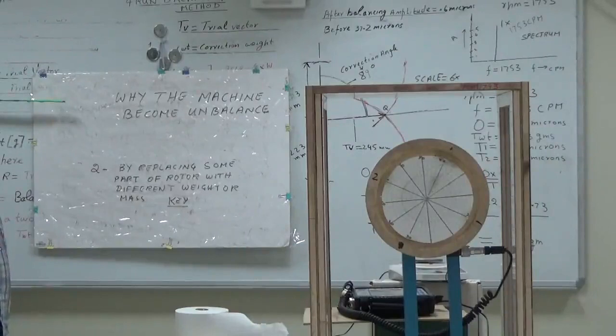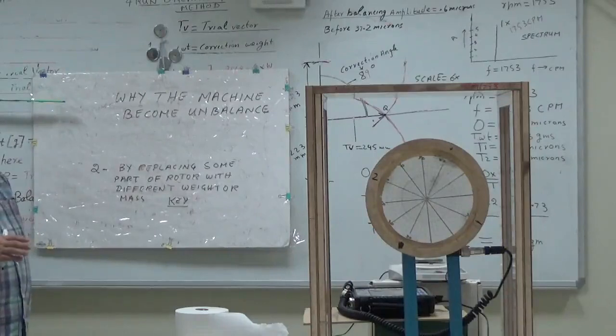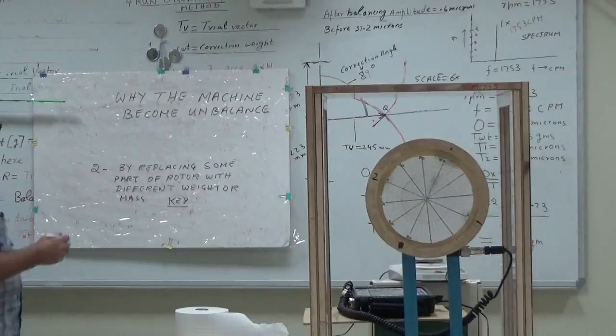For example, the impeller has shifted to one side, or the coupling is not fixed correctly in the center, which means the shaft is not passing exactly through the center of the coupling or impeller.